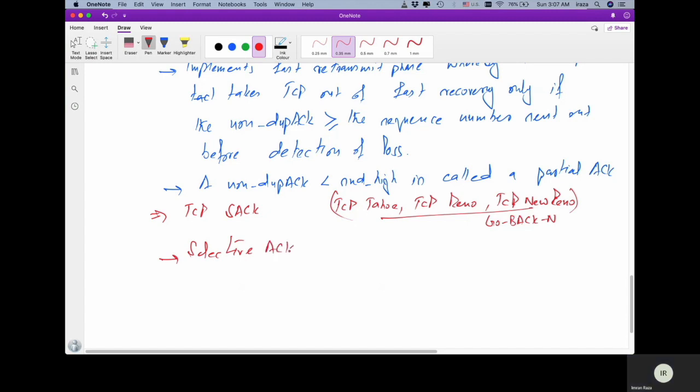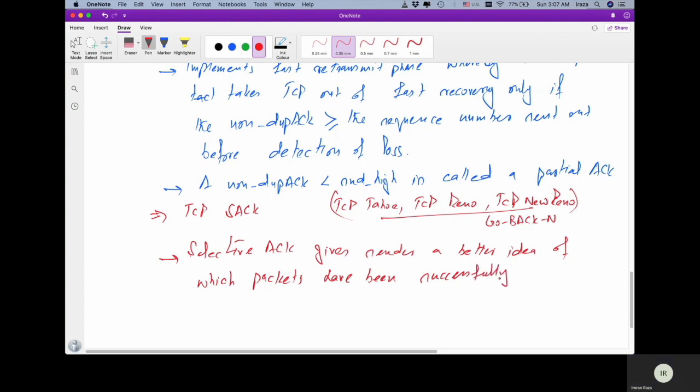Selective acknowledgement, right? So why is this important? Because selective acknowledgement gives a sender better idea of which packets or segments, you call it, segments have been successfully delivered.